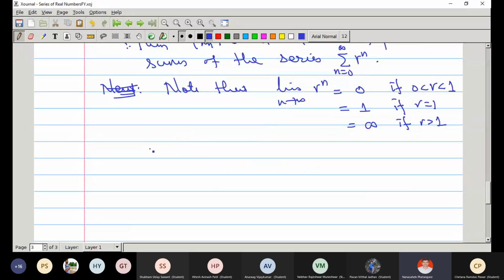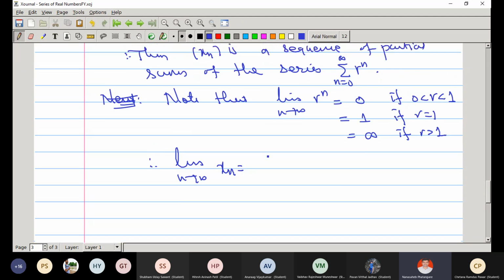So what can you say about the limit as n tends to infinity of xn? What is our xn now?